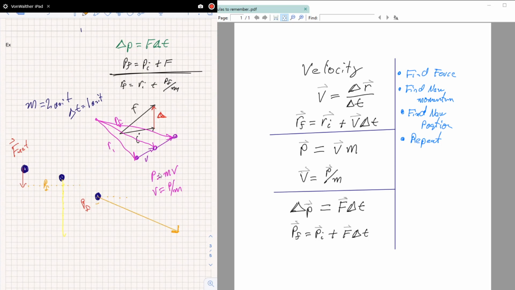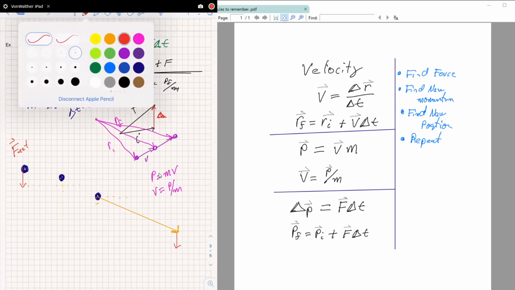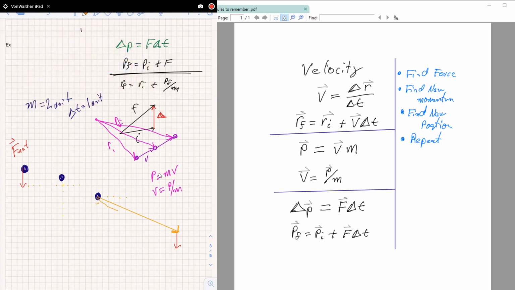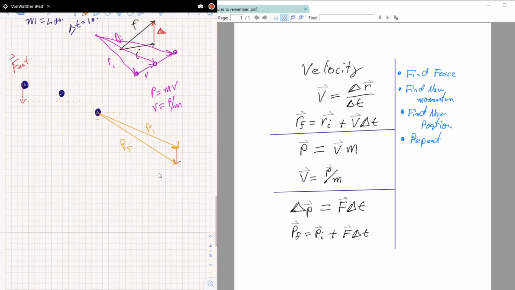One more time, just to make sure we get the point across. Let's get rid of the extra information. All right, so again, we're applying a constant force in that direction. We've calculated the net force. We apply the net force, which then changes the momentum. Here's our old momentum, here's our new momentum.